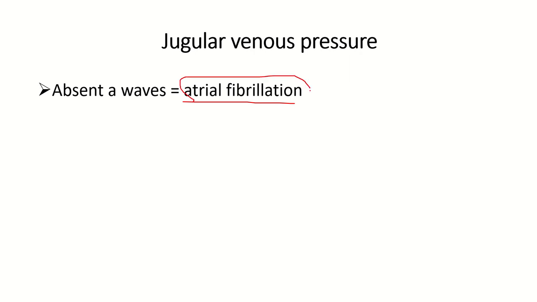We know that during atrial fibrillation there is lots of movement, about 200 to 300 times movement of the heart muscle, but there is no effective circulation or no effective cardiac output. As there is no effective cardiac output, there are no changes in the internal jugular vein, that means no extra blood into the superior vena cava, no blood in the internal jugular vein, and in this condition the A wave is absent.